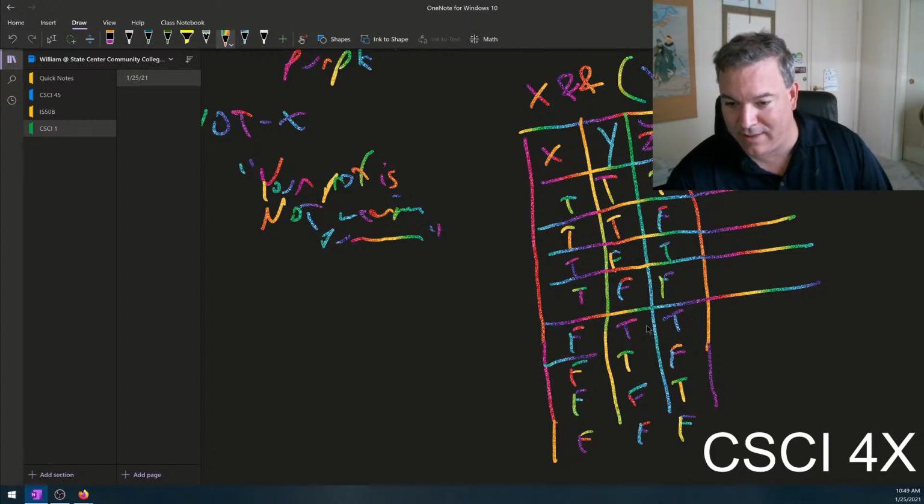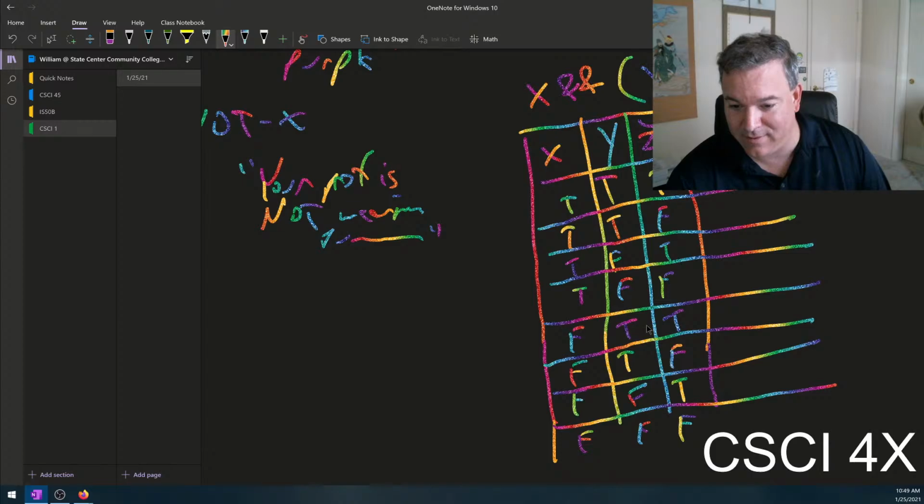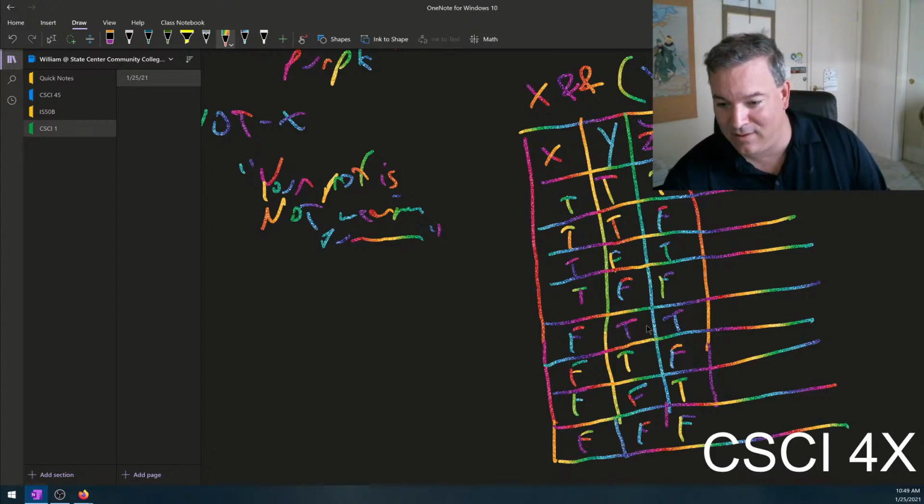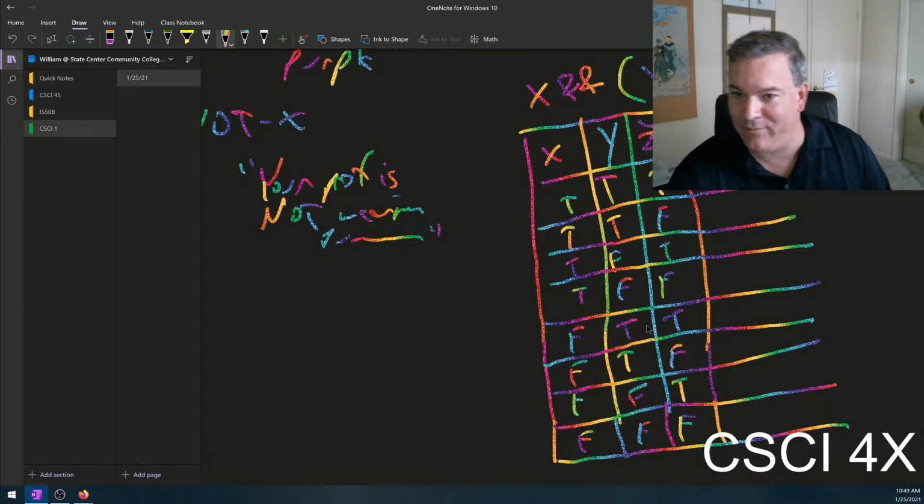Now you might notice that there are 8 rows here. That's one of the annoying things about truth tables: as the number of inputs goes up, the possibilities double every time. So if I had 4 inputs, 4 different statements, then I would have 16 different rows here.